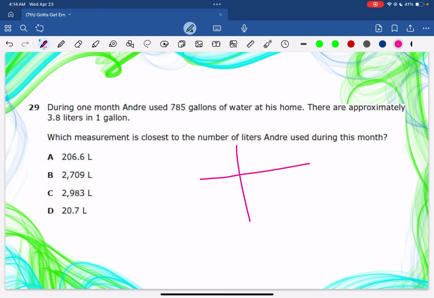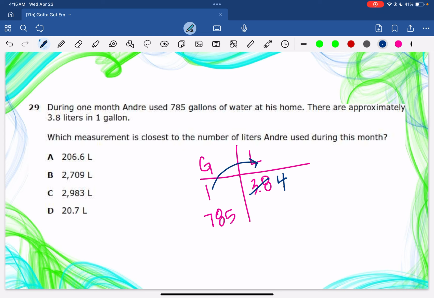All right, so we're going to set up a table. I can put gallons on the left, liters on the right. It doesn't matter as long as we are consistent. So it's 1 gallon to 3.8 liters, and we need to get to 785. All right, so 3.8 is actually closer to 4. So I'm just going to change this to 4. I'm not saying this is what you should do, but it is multiple choice.